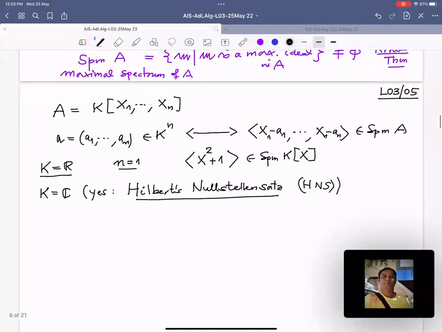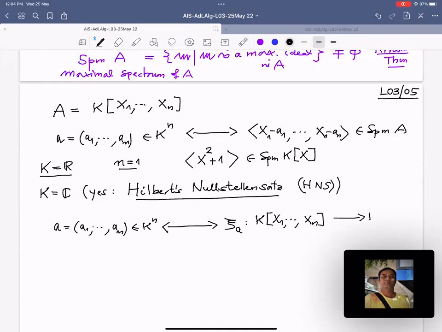Also, these points you can think of as homomorphisms. Corresponding to a point a equal to (a1, ..., an) in K power n, we can think of this as a homomorphism. This can be identified with a homomorphism psi_a from the polynomial ring K[x1, ..., xn] to K. How is psi_a defined? It maps xi to ai.